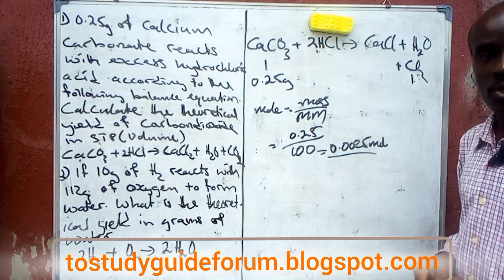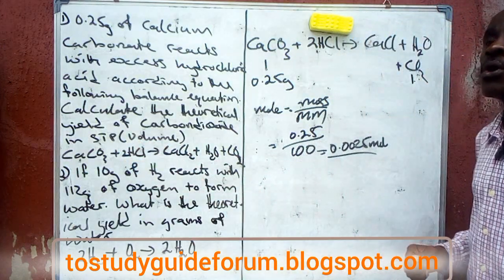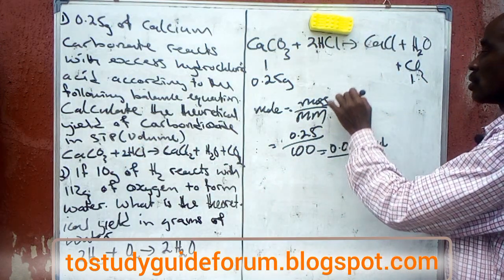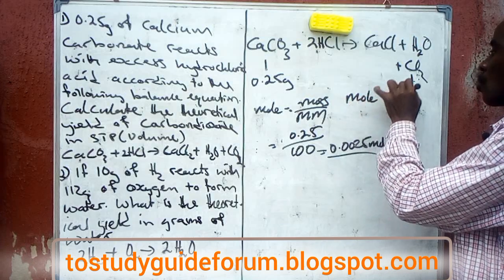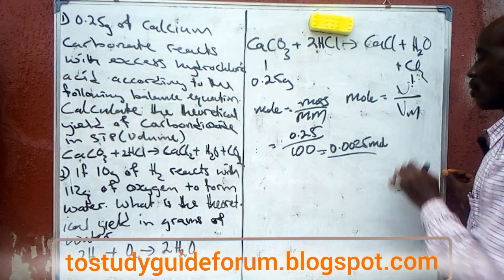Now, remember, the question is in volume. We need to calculate it in volume. So getting it in volume means we're going to be using the fact that mole is equal to volume over molar volume.